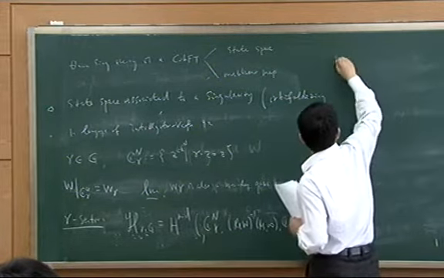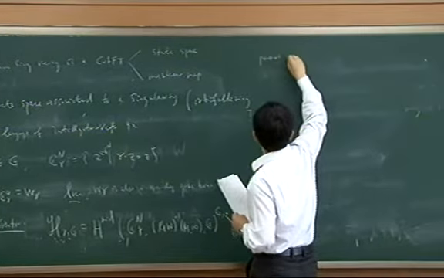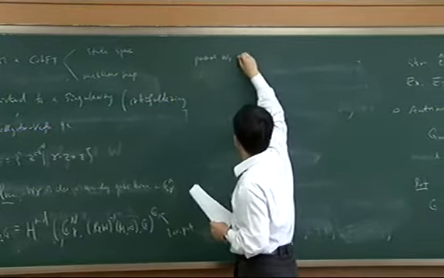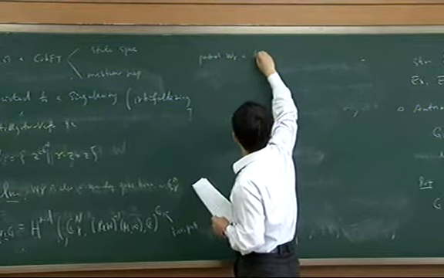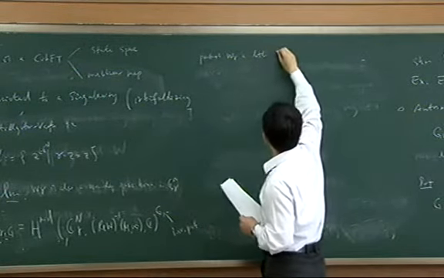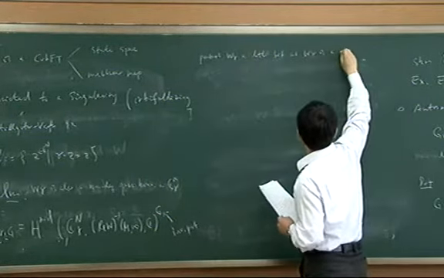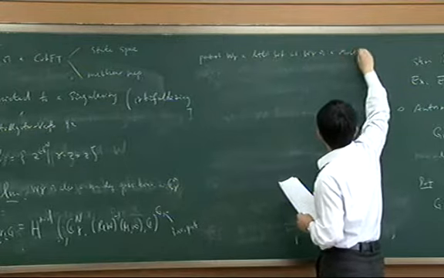For example, we can perturb W gamma a little bit, such that W gamma is a Morse holomorphic function.